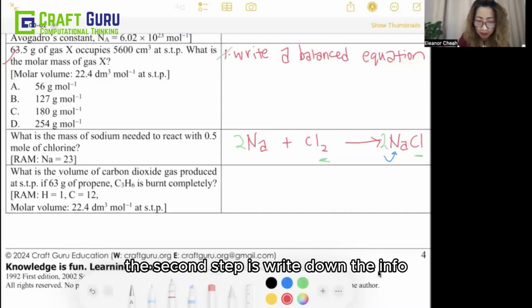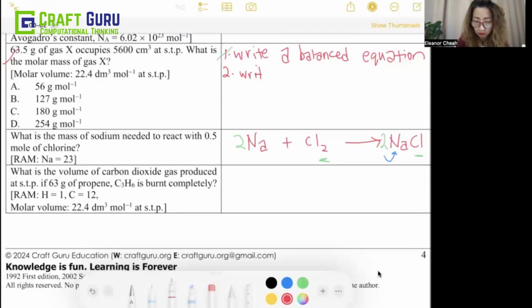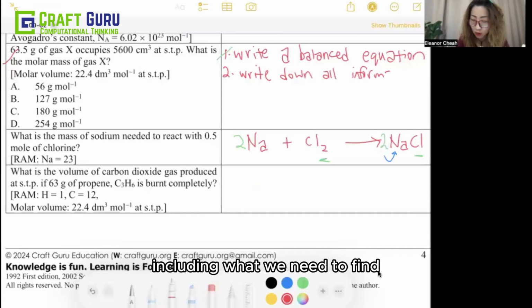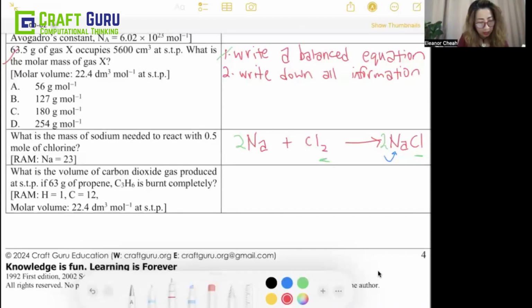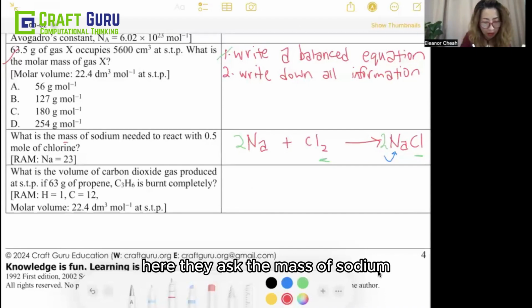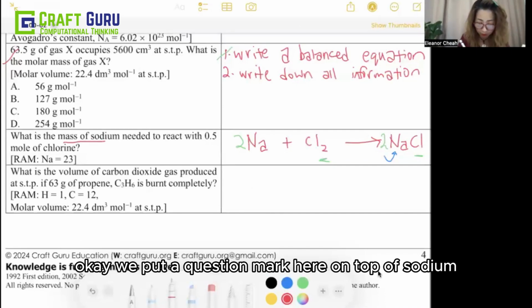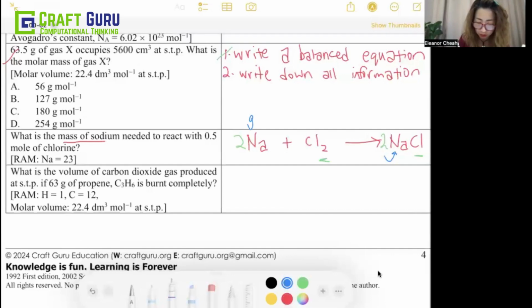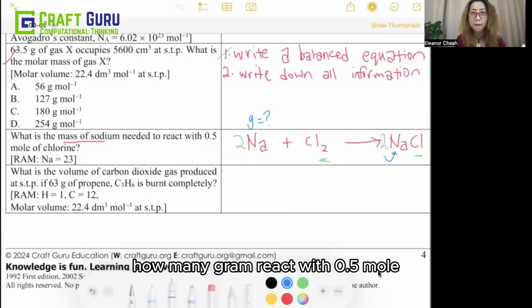The second step is write down the information needed, including what we need to find. Here they ask the mass of sodium. Okay, we put a question mark here on top of sodium. How many gram?